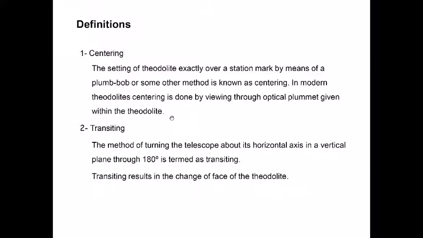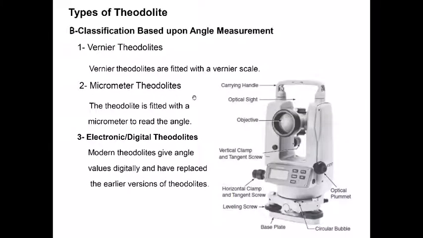The second term is called transiting. Transiting is when you rotate your telescope through 180 degrees. So if, as of now, the observer is standing over here looking through the eyepiece, this would be the line of sight.